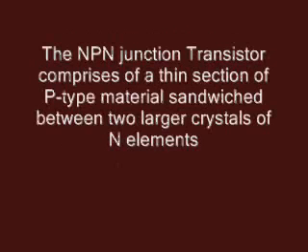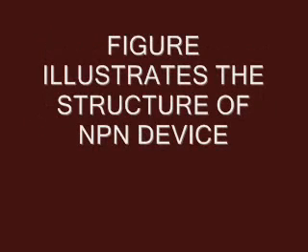The NPN junction transistor comprises a thin section of P-type material sandwiched between two layers of N-type crystals. Figure illustrates the structure of the NPN device.